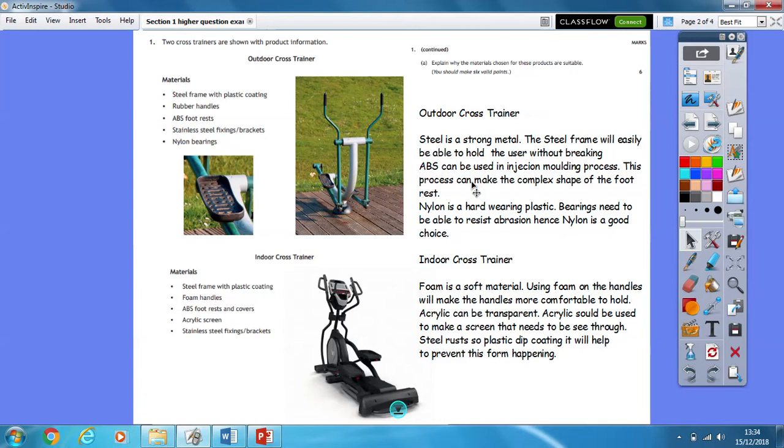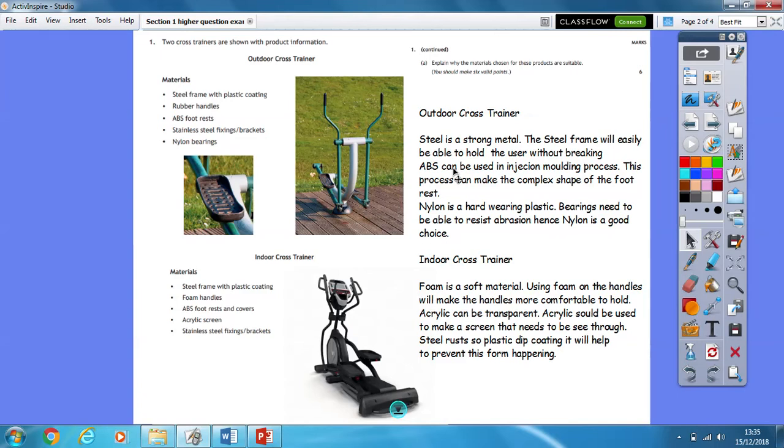If we then look at the ABS footrest. Now ABS, one of the things to remember, by the way, when you're doing this is, in the classroom I talked about the fact that to help you remember properties of materials, you can think of good examples of products that are made from that material and then extrapolate the properties that would be needed for that product.